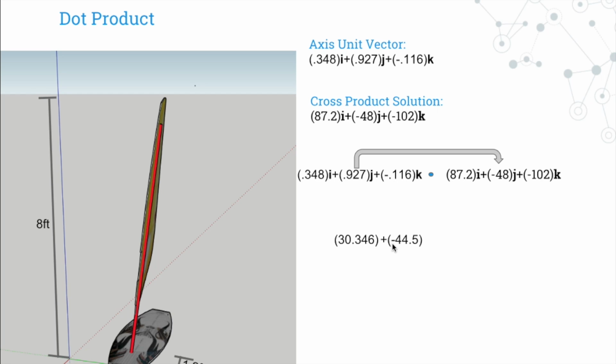That gives you a negative 44.5. Again, those j's cancel out when you dot. Then we do the same things with the k's, giving us a positive 11.832. With all these values, we now can simplify this and add them all together, giving us our final solution. The moment about this boom equals negative 2.331 foot-pounds.